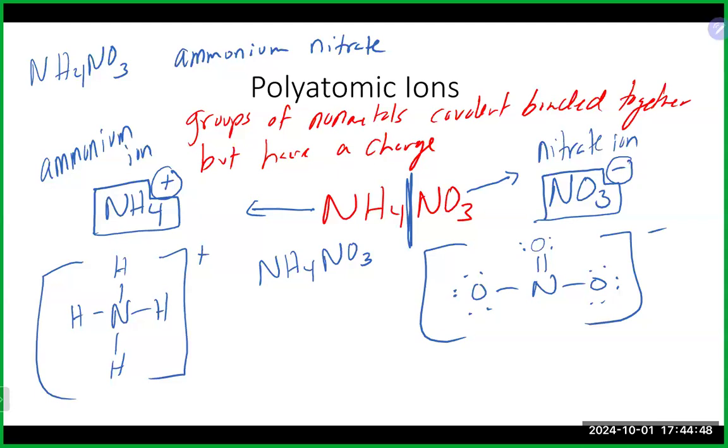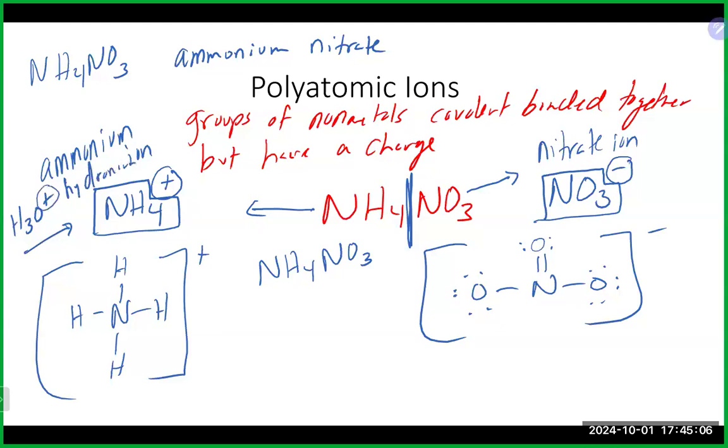So what is the deal with the polyatomic ions? Well, the deal is this. For the most part, that's probably your most common positive polyatomic ion. There is the hydronium ion, which is this guy, which is also positive.